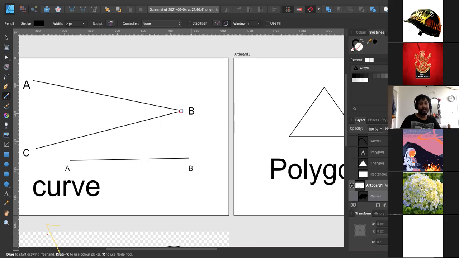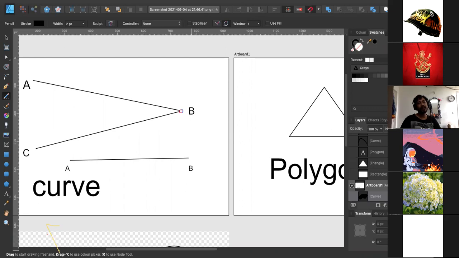Shaurya, what will this point be called where these two line segments are coming and joining? It's not called an epicenter, that's for earthquakes.